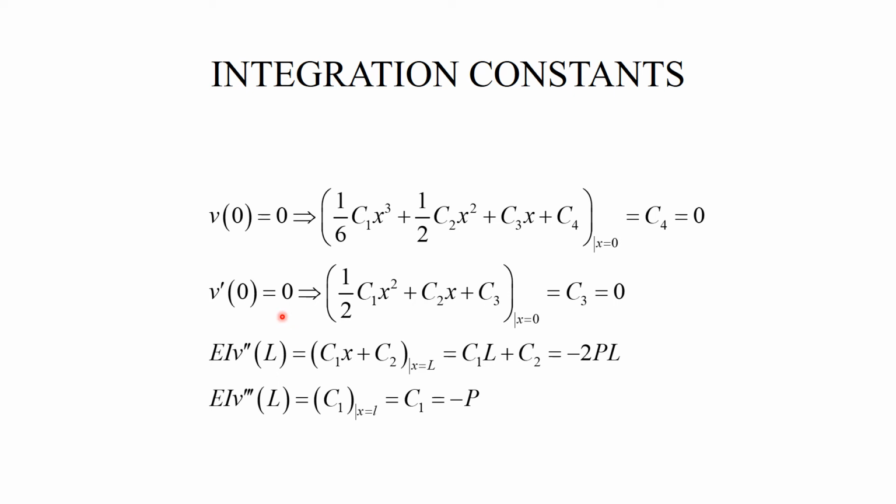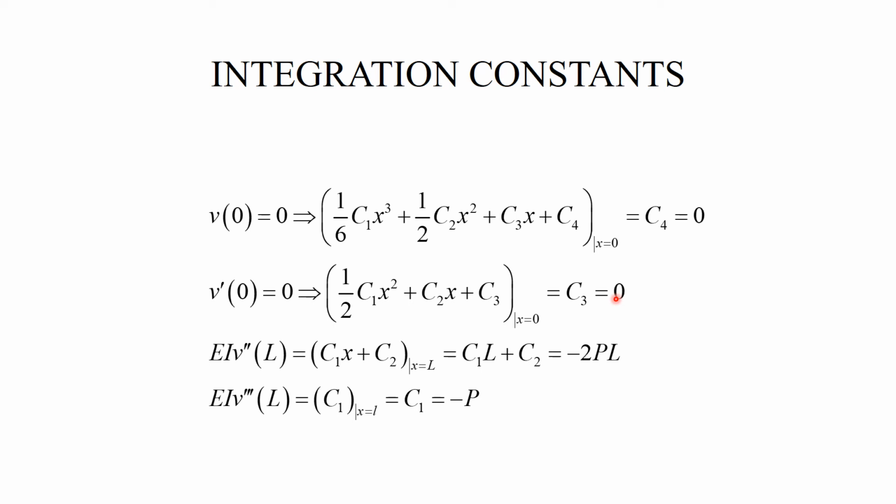Now I take the second boundary condition at 0, v prime equal to 0. So this implies that the derivative of v evaluated at x equal to 0 is equal to C3, and it must be equal to 0.